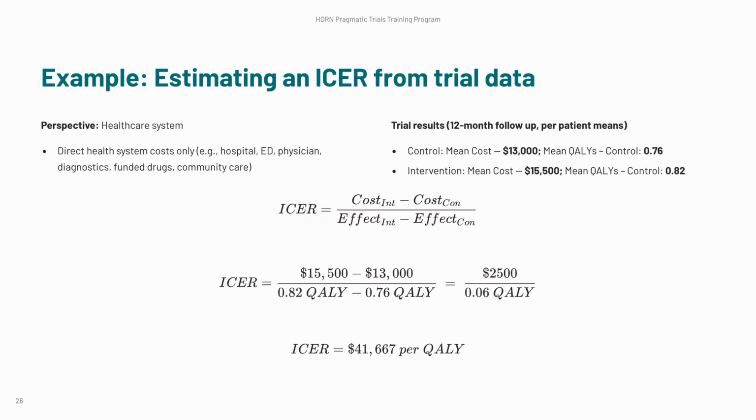If we plug those values directly into the ICER equation, we get an incremental cost of $2,500 and an incremental QALY gain of 0.06. Dividing the incremental cost by the incremental QALYs gives us an ICER of $41,667 per QALY gained. So, from a health system perspective, that would be the additional cost the system pays for each extra quality-adjusted life year if it were to adopt the intervention.